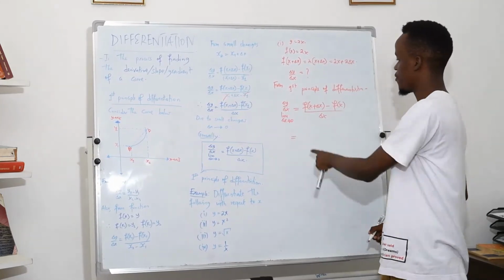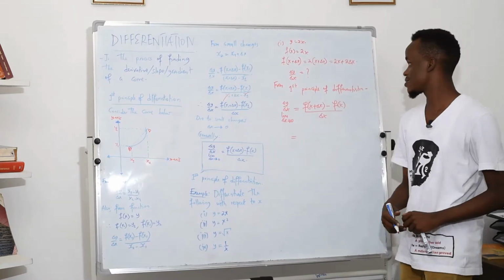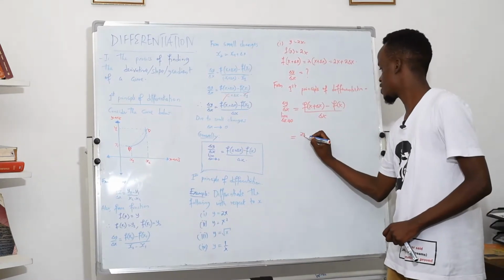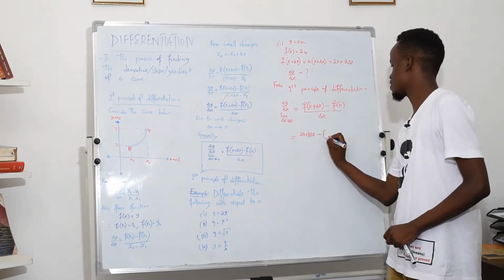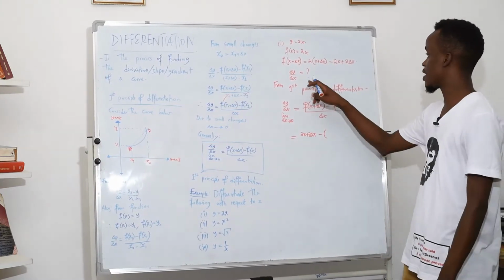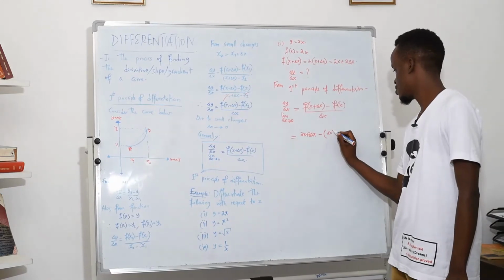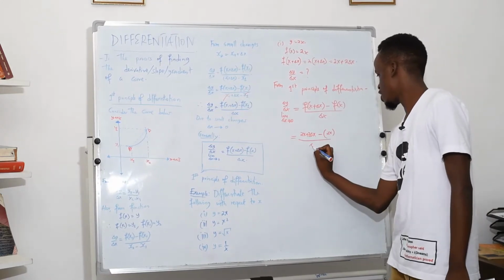Therefore, the value of f of x plus change in x equals 2x plus 2 change in x. Then you subtract, remember the brackets, you subtract 2x. Divide by change in x.